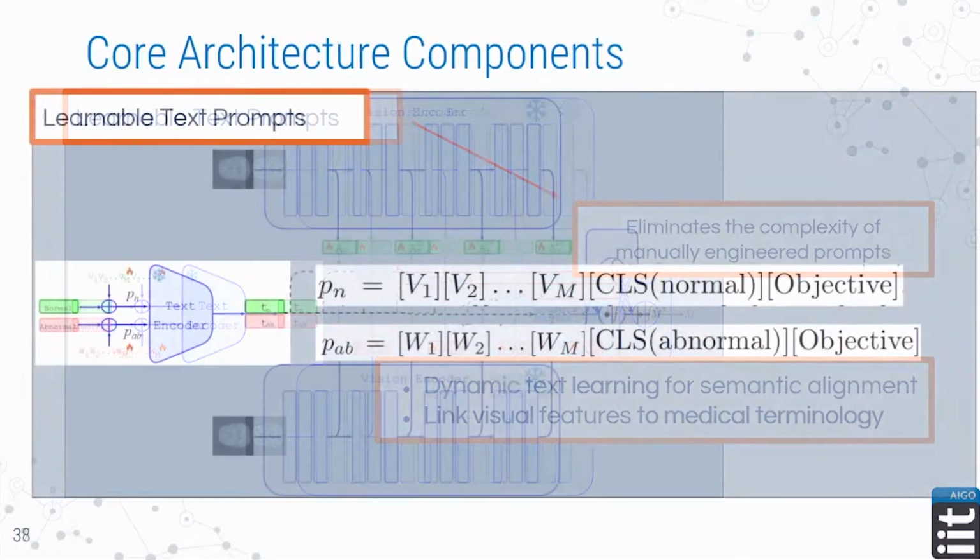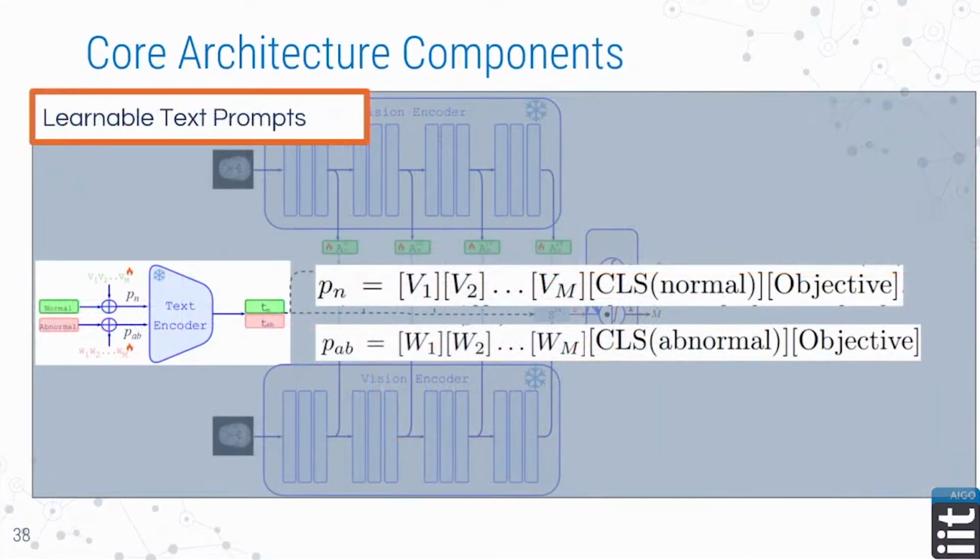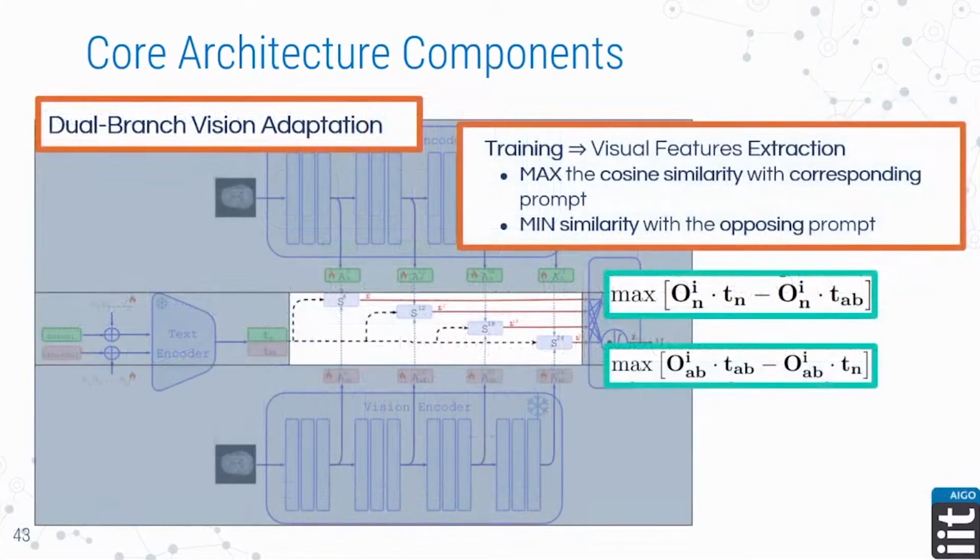So these final prompts are essentially composed by the learnable prompts V and W, the classical class prompts normal and abnormal, and the object which takes into account the anatomical part. So it can be brain, it can be liver, it can be something else.